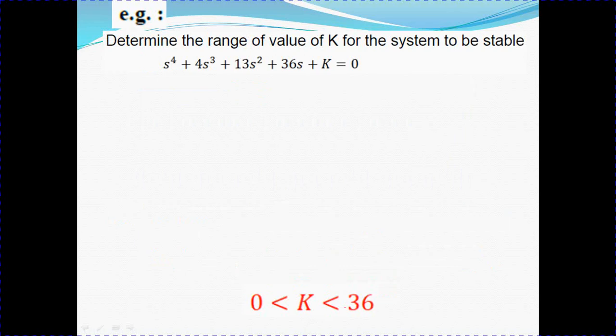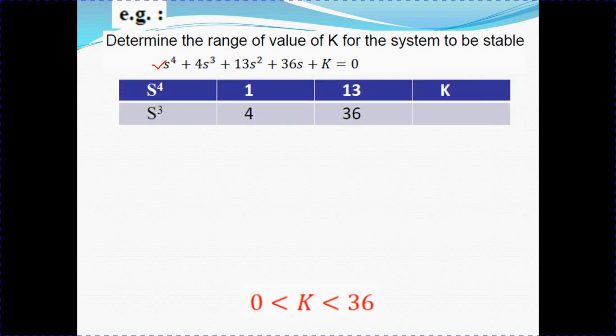Okay. So here in this example, the system is given with the characteristic equation s to the power 4 plus 4s cube plus 13s square plus 36s plus k is equal to 0. So first we need to form the first two rows.